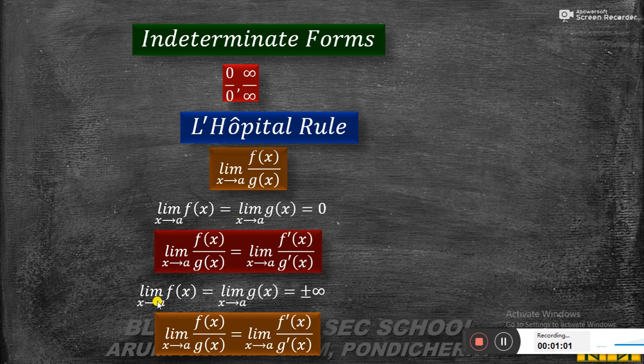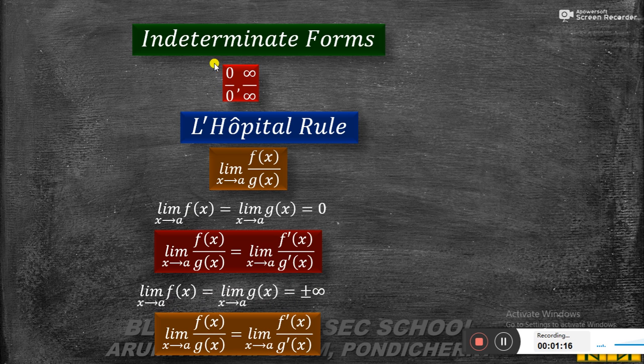Next, if limit x tends to a of f of x equals limit x tends to a of g of x equals plus or minus infinity, then limit x tends to a of f of x by g of x equals limit x tends to a of f dash of x by g dash of x.